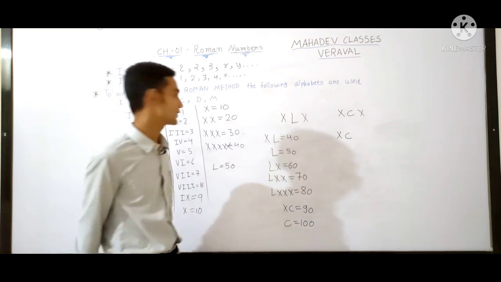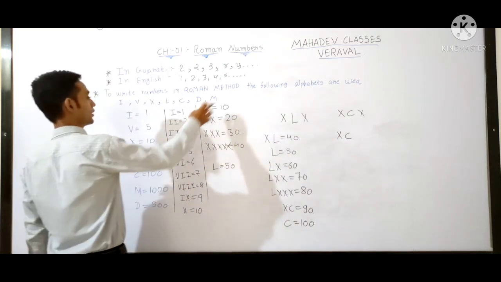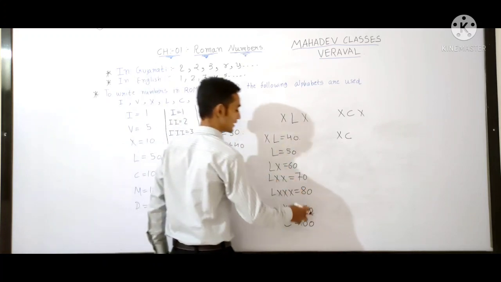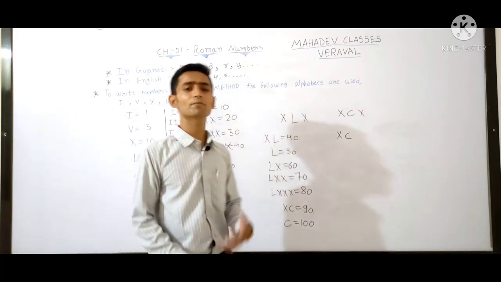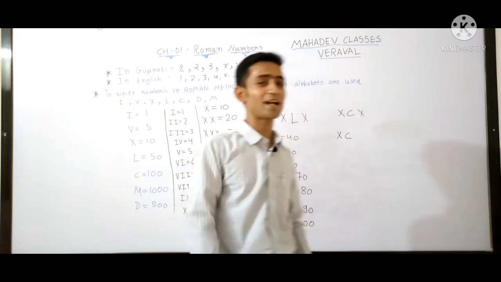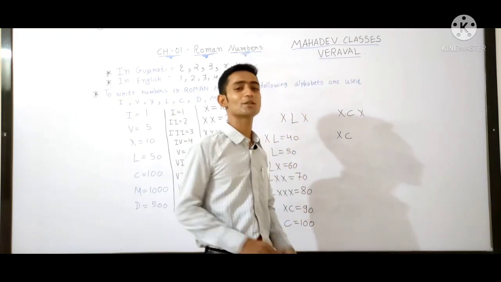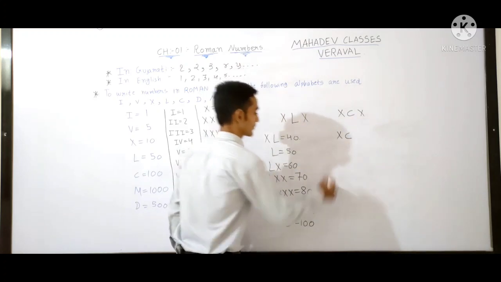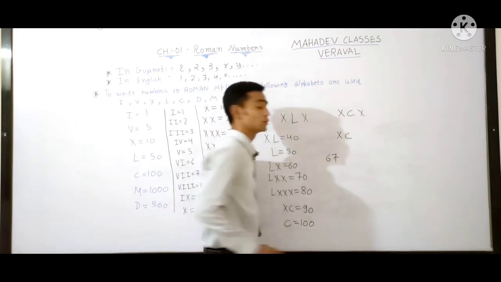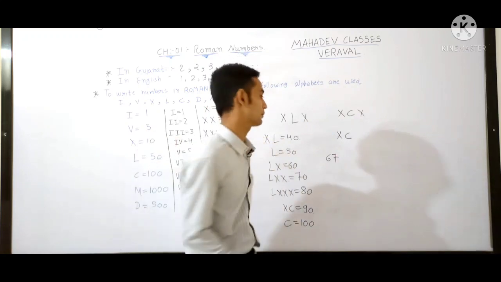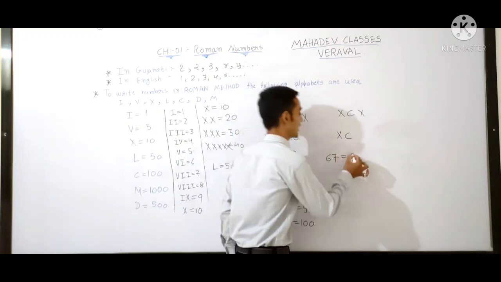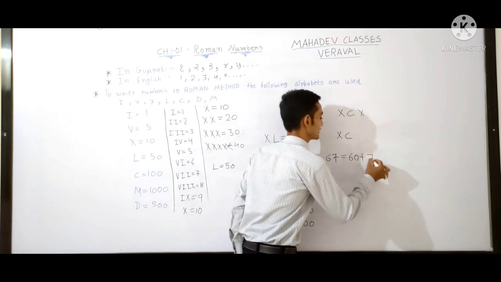So hence we understand the Roman numbers 10, 20, 30, 40, 50, 60, 70, 80, 90 and 100. Now if somebody comes to you and asks you to write down the Roman number of 67, how will you write it? See, 67. So you have to split this number first. 67 can be written as 60 plus 7.